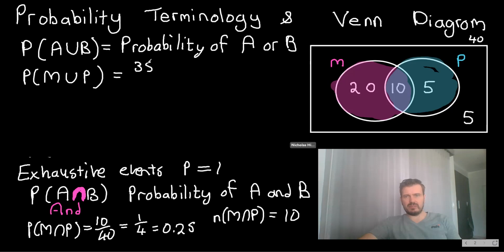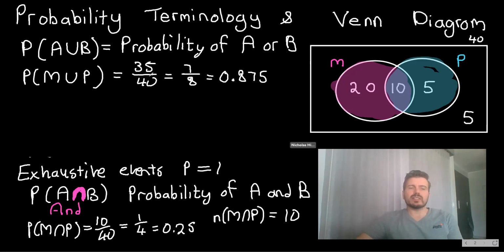So there's 35 in total there over 40, which is, divide those by 5, so it'll be 7 over 8, which is 0.875, right? So that would be the probability of M union P.